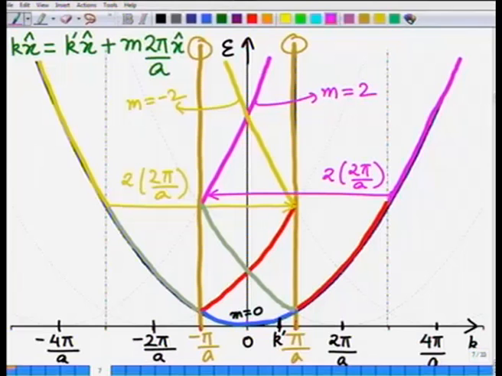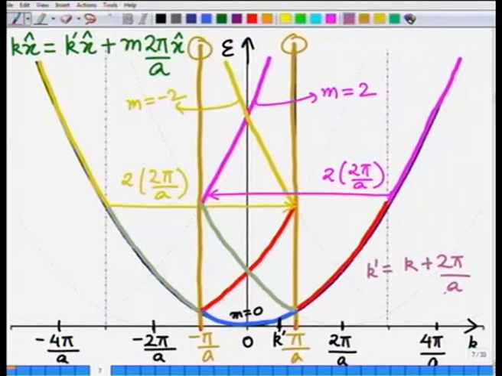Right here, if k prime is this point which I am showing you here, and if I use m equal to minus 1, then it simply means that k prime is equal to k minus 2 pi by a.